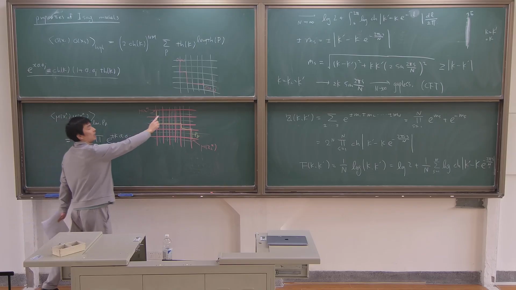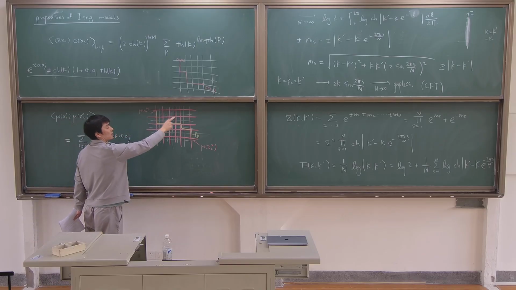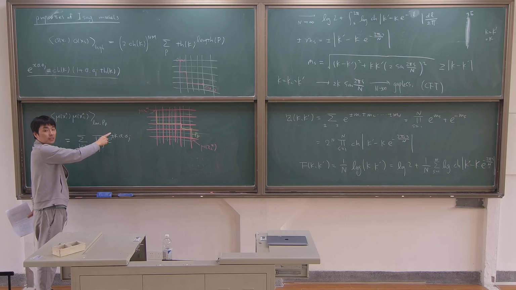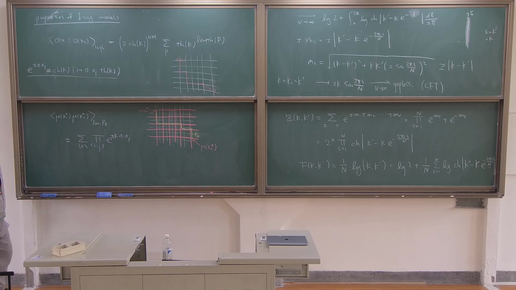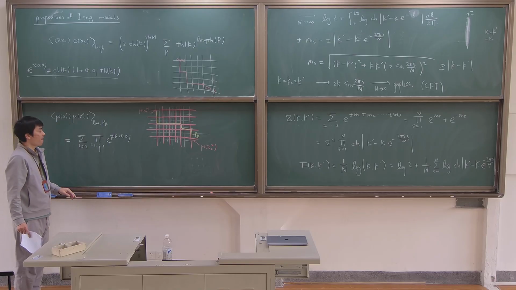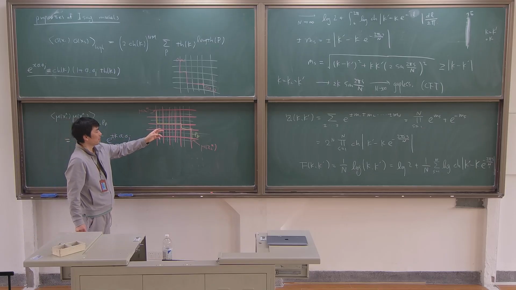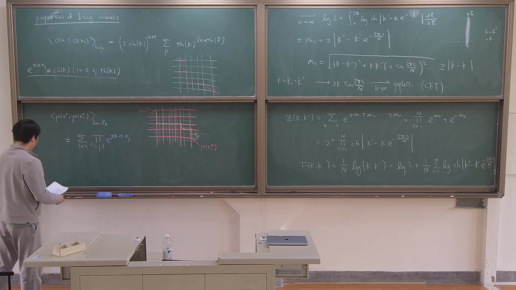On the other adjacent red line, you pick a plus sign, as usual. That will give you the two-point correlation function of the disorder operator. And σ_i, σ_j is of course the spin variable, plus minus.